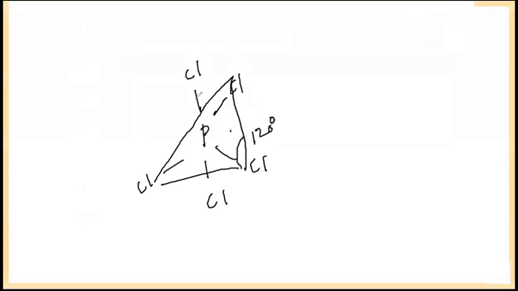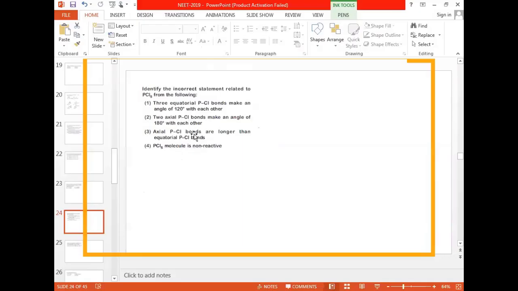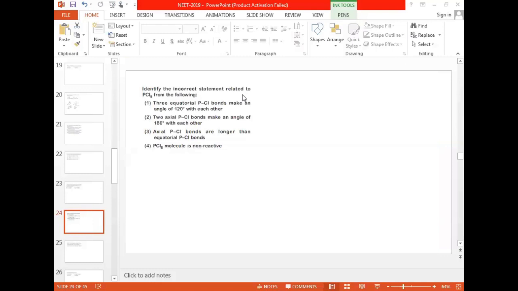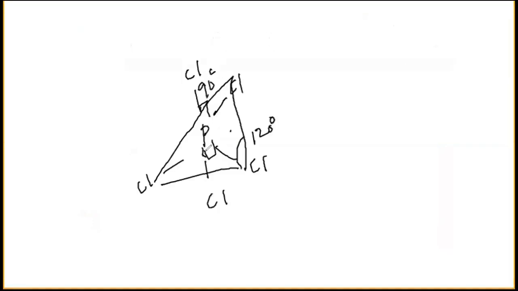In the second statement, the 2 PCl bonds make an angle of 180 degree with each other. It means this one is 90 degree and this one is another 90 degree, both together 180 degree with each other.